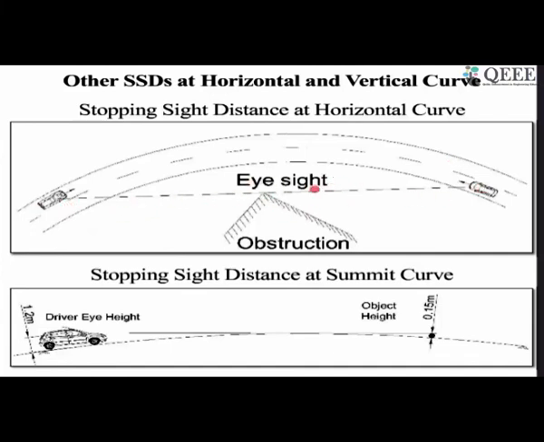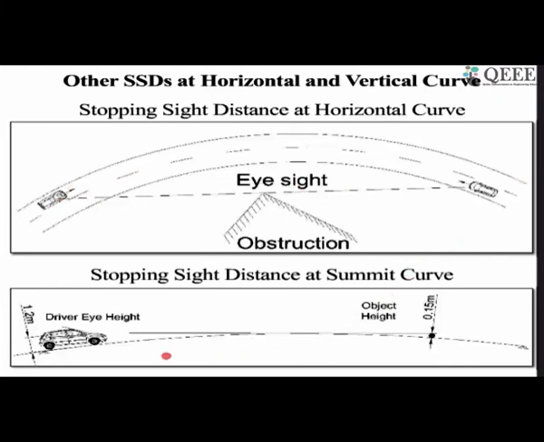So if there is an obstruction here, you cannot see the object. This obstruction should be free from your eyesight, and you should be estimating this distance. How to do that will come at a later stage, with the offset distance calculation, when we are talking about the horizontal alignment design, but this is how we consider it.